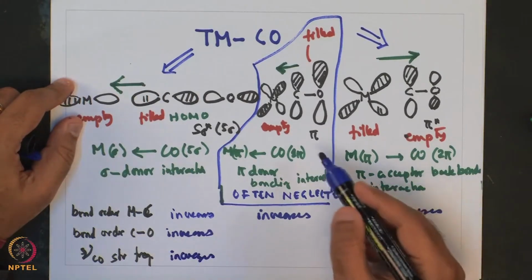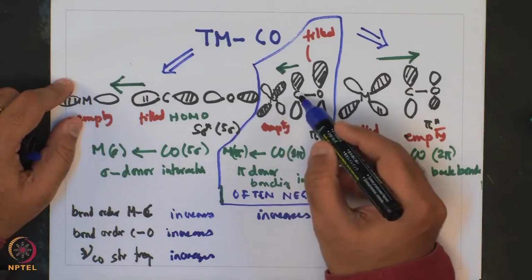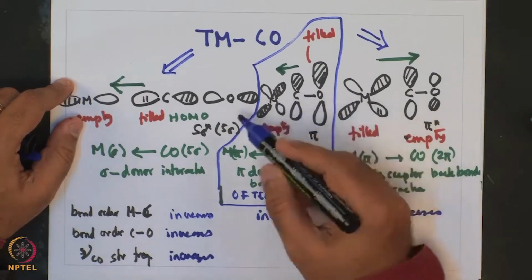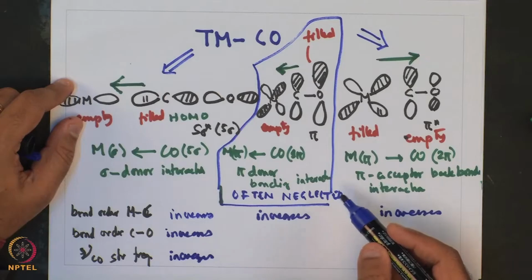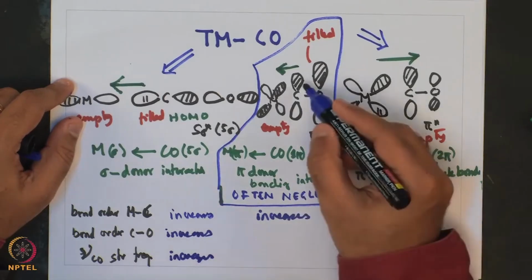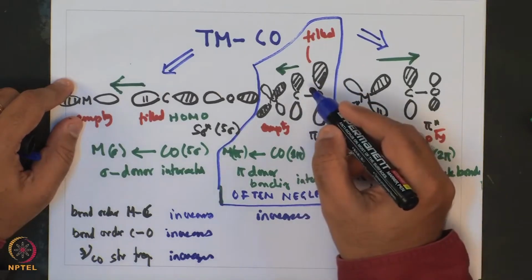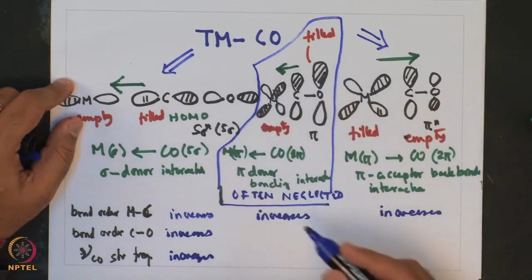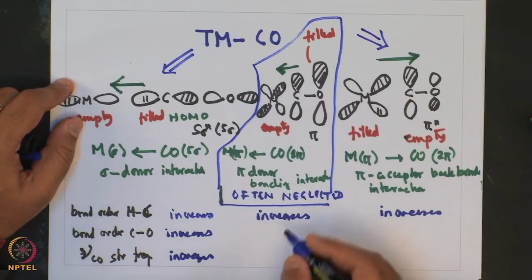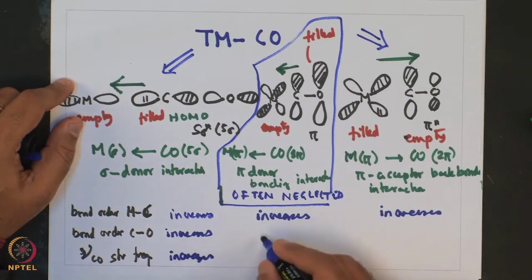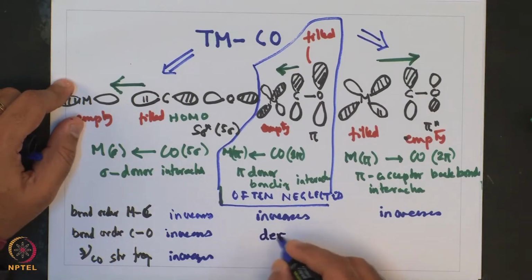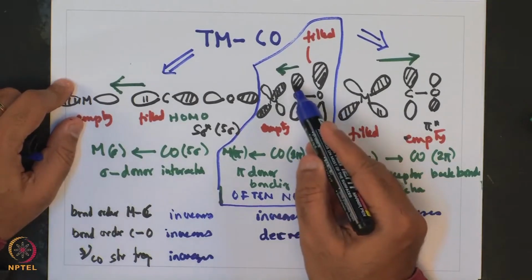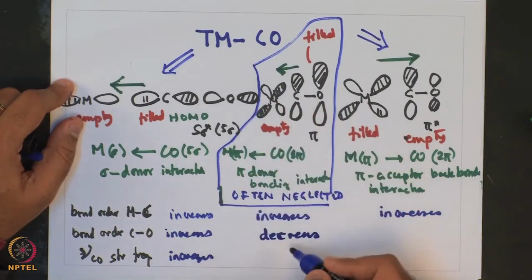However, when the CO to metal forward pi donation increases, then the CO pi bond weakens because of this pi donation, and as a result the CO bond order decreases. And if, because of the pi electron now being donated to the metal, the CO bond order decreases, then the CO stretching frequency also decreases.